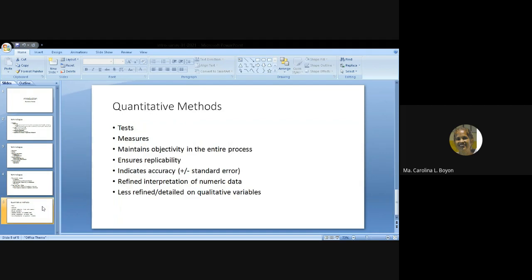Okay? So, for quantitative methods, which is what we will be learning in this subject, we will refer to tests of hypothesis, which tests are either parametric or non-parametric. Pero we will be focusing more on the parametric tests, which will be within the domain of inferential statistics.